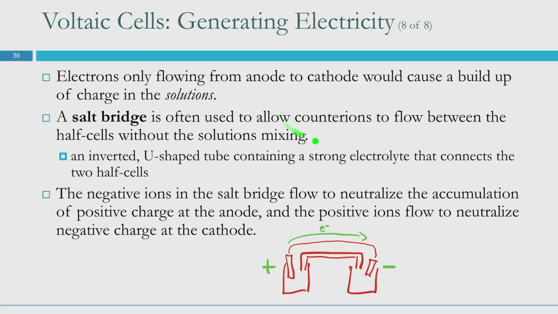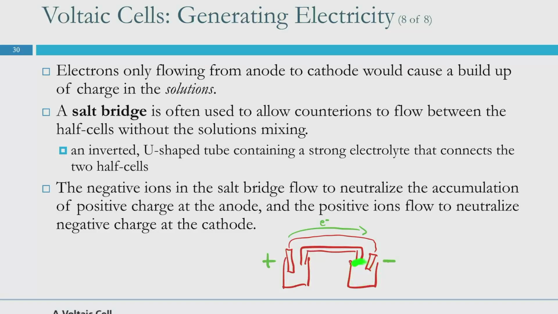Our counter ions, our potassium and our nitrate in the example, can flow between the two half cells, and the solutions can't just freely mix with each other. So the zinc and the copper solutions are probably going to stay mostly in their beakers, and we'll just get potassium and nitrate flowing in this inverted U-shaped tube.